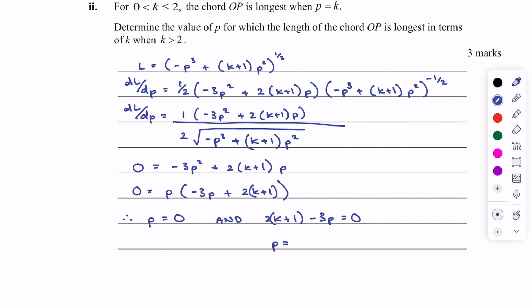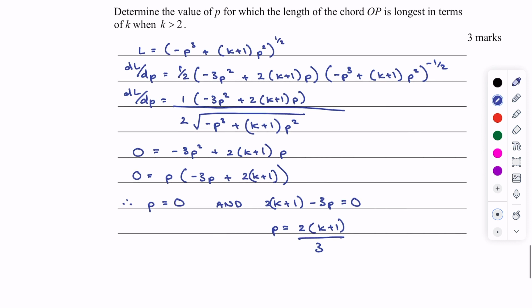And this will give me p equals 2 times k plus 1 on 3. All right. And then we have to decide which value that we're going to take. So we have to note that k has to be greater than 2, and p equals k. So therefore, this value cannot exist. We must take this value. So we would say p equals 2 times k plus 1 on 3.